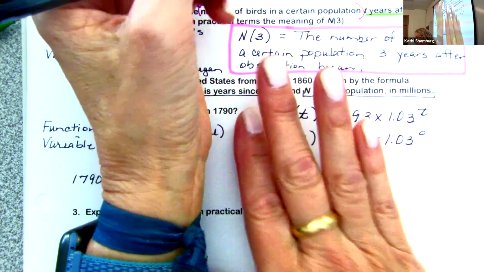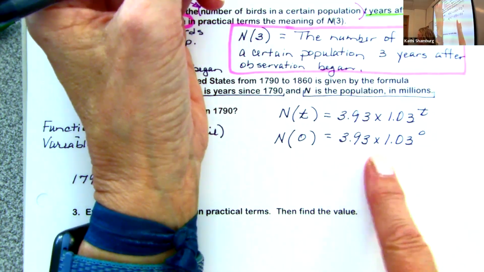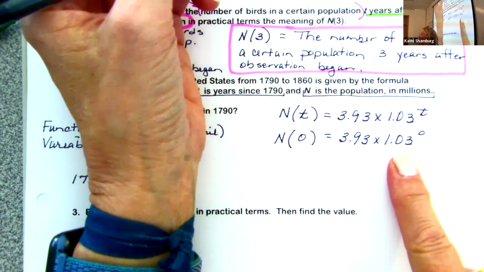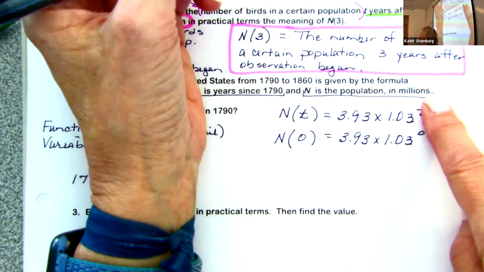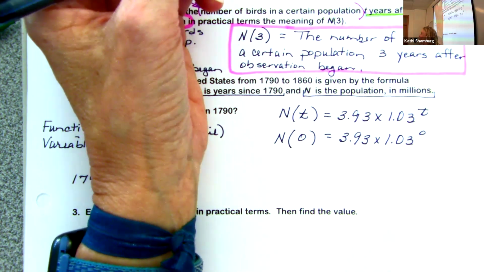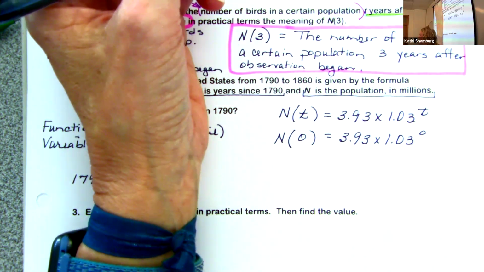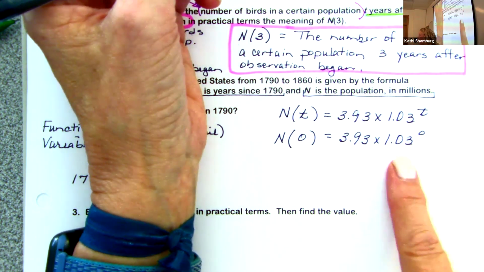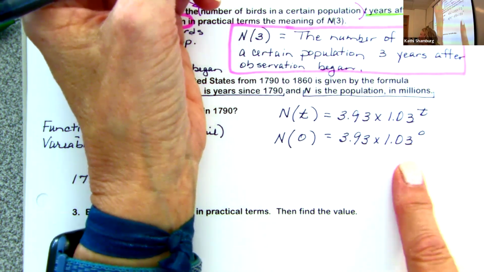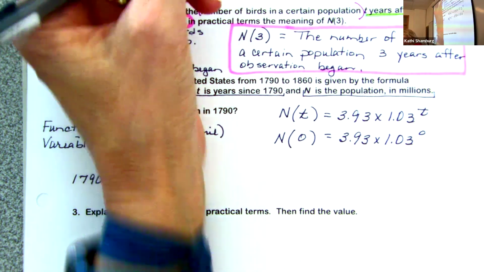So this is actually 3.93 times 1. If this had been 5 million raised to the 0 power, that is 1. Again, if you don't remember that, you can plug it into your calculator. A lot of times students think it's 0. It is not, so be careful of that.